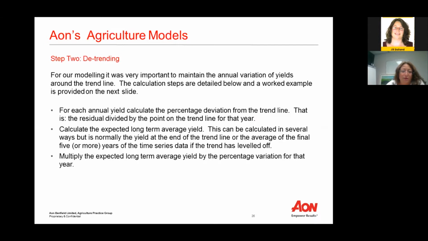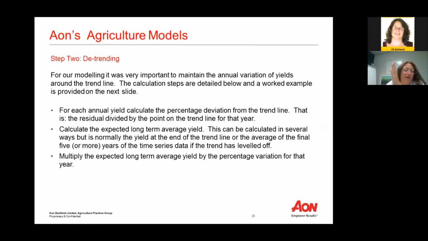Now, it's very important that we want to keep the annual variation in there due to weather. So what we generally do, and I'll show you a graph or a table, is that we detrend the data. When we put the trend line in, we work out the percent deviation from the trend for every data point.